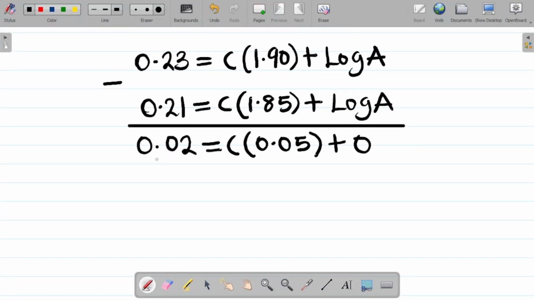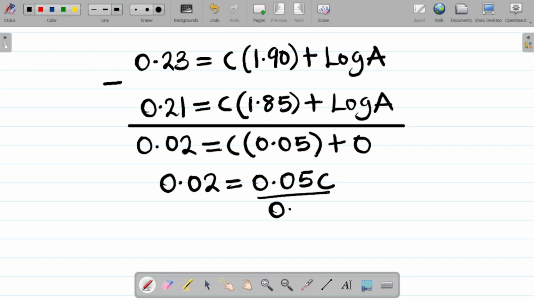So this now gives you 0.02 is equal to 0.05 C. To get C, I'll divide both sides by 0.05, so this cancels this. You have that C is equal to 0.02 divided by 0.05, which is 0.4.